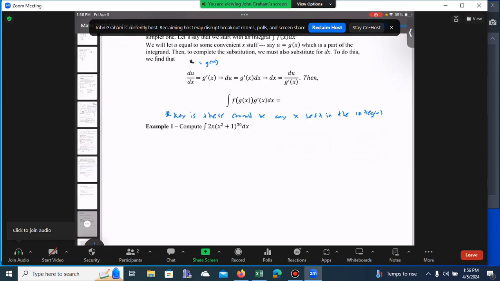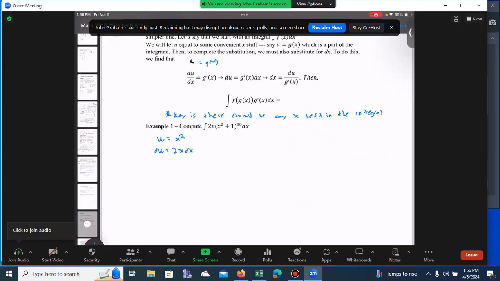The key when we use it is looking at the integral and realizing how this would benefit. So we have 2x times x squared plus 1 to the 30th power. If we let u equal x squared, then du equals 2x dx.